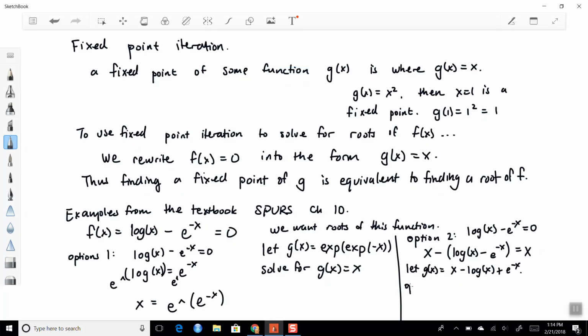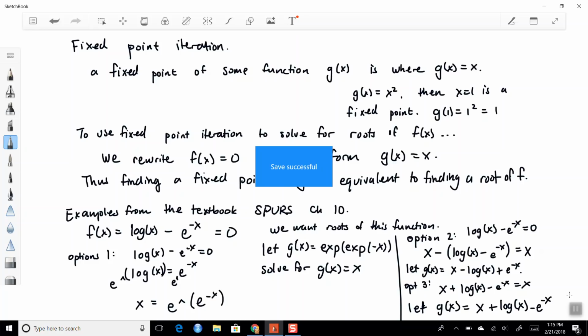Right? And then option 3 is, instead of saying x minus the left side and x minus the right side, we'll just do x plus the left side. X plus log of x minus e to the negative x is equal to x. And we'll let g of x equal to x plus log x minus e to the negative x. And in all of these, we just solve for where g of x is equal to x.